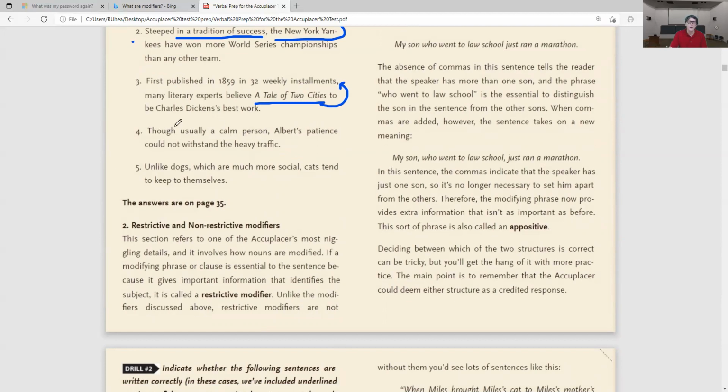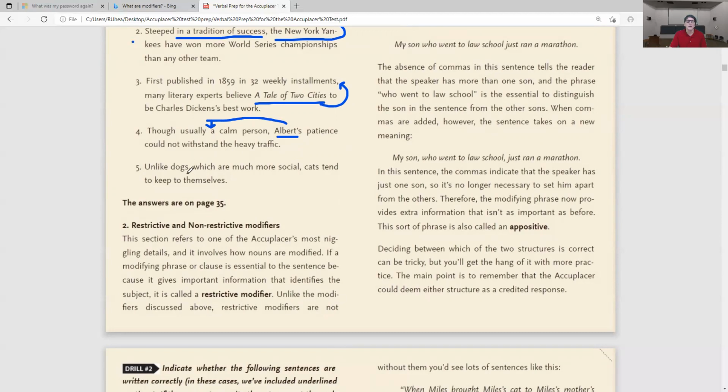It can be corrected by putting in the word he. Albert is he. So we could change it to, though usually he is a calm person, Albert's patience could not withstand that heavy traffic. The word Albert comes right after the comma. So we know Albert and he are connected. So no longer a misplaced modifier.